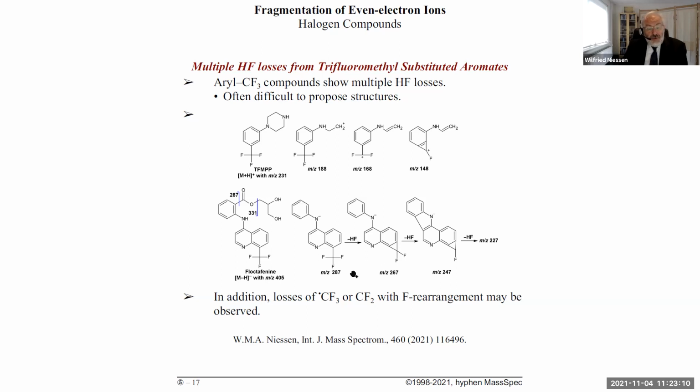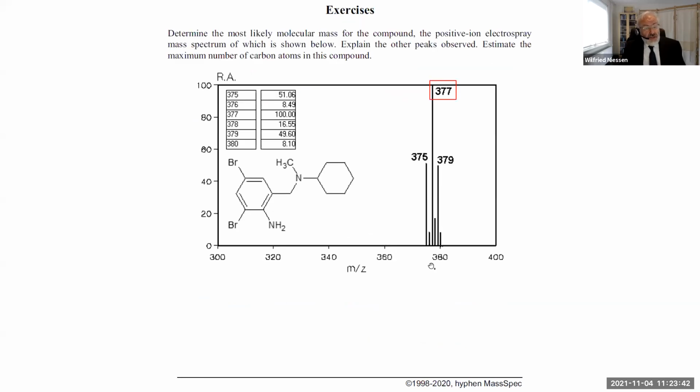I can still propose structures for the first and the second, but I don't know how to propose a structure for the third one, because frequently you see this in highly aromatic compounds where it's not easy to imagine the loss of HF. So perhaps you have to take some things apart to deal with that. But perhaps it's not even necessary to propose a structure to see this.